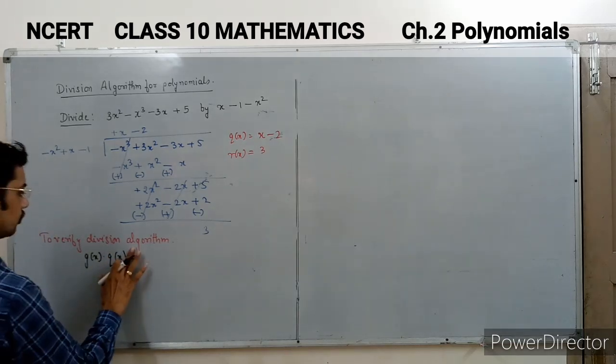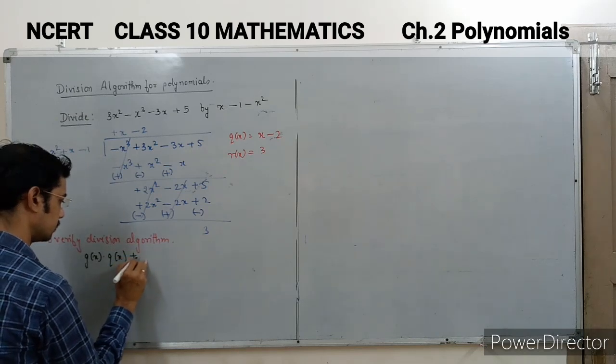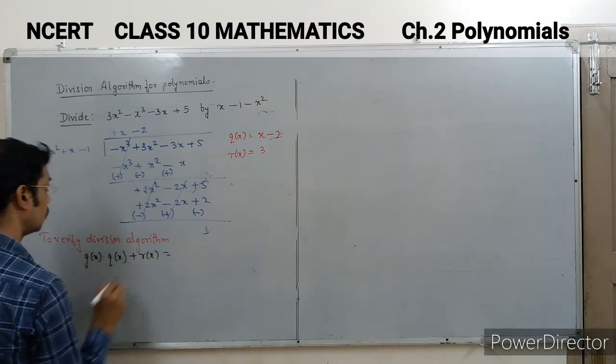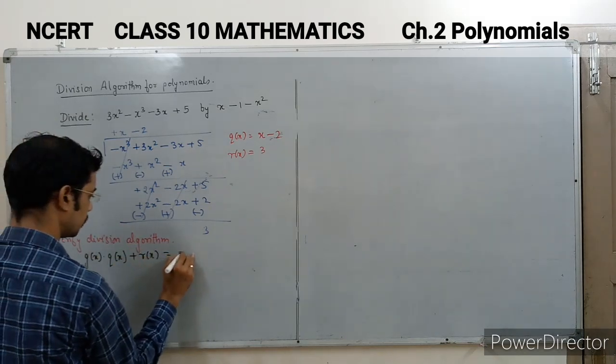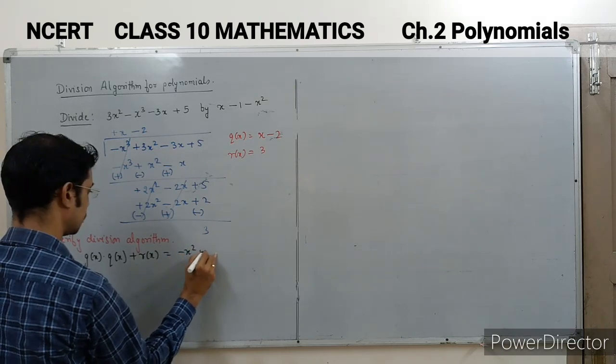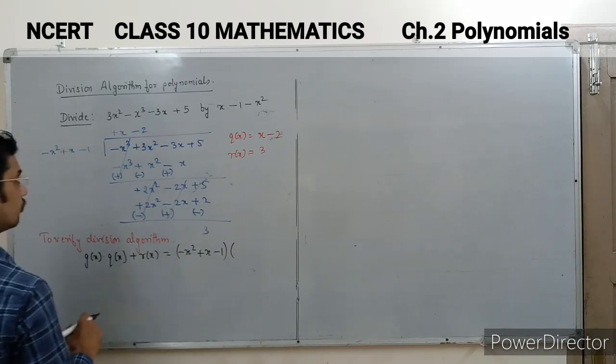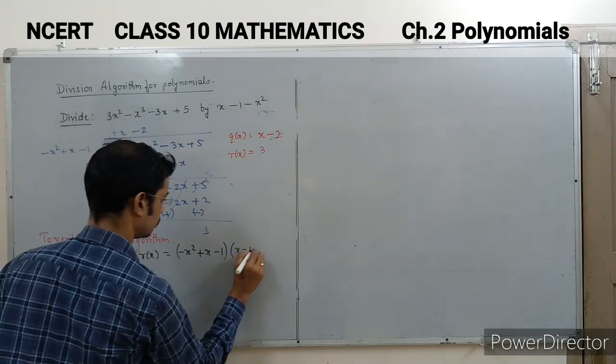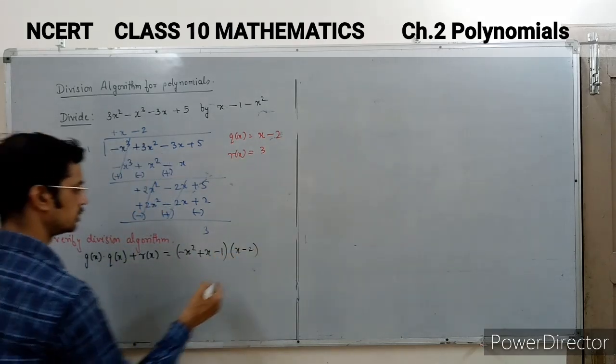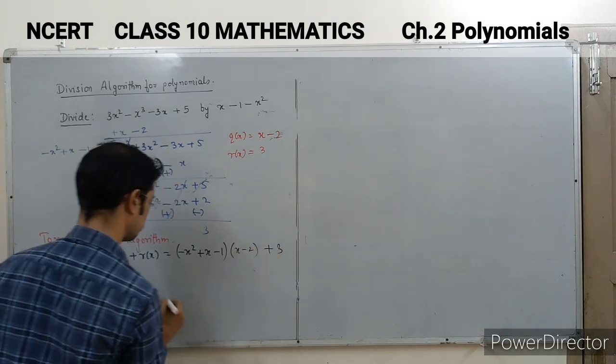What is g of x into q of x? Plus r of x. Okay, g of x is minus x square plus x minus 1, into q of x is x minus 2, plus remainder is 3. Okay, that part is simple.